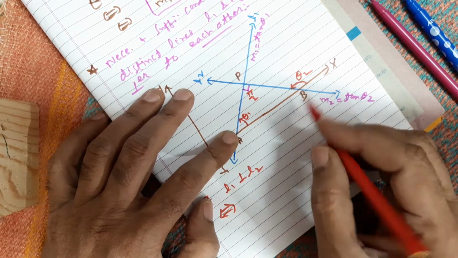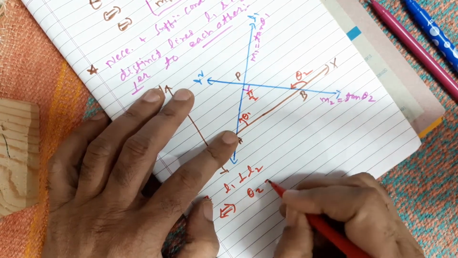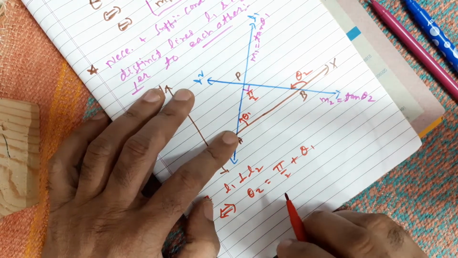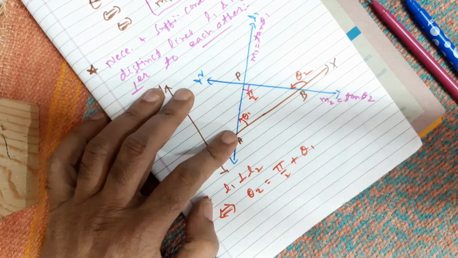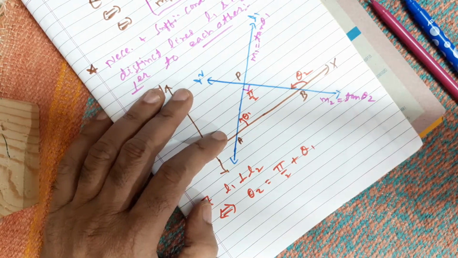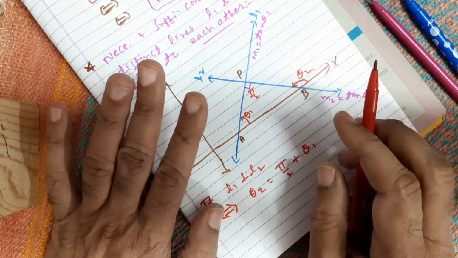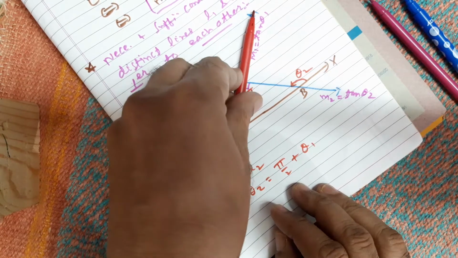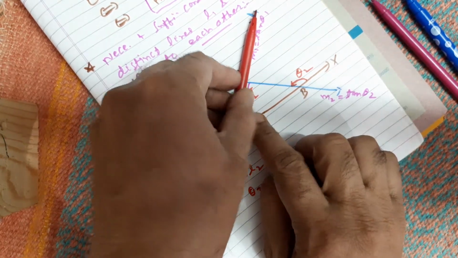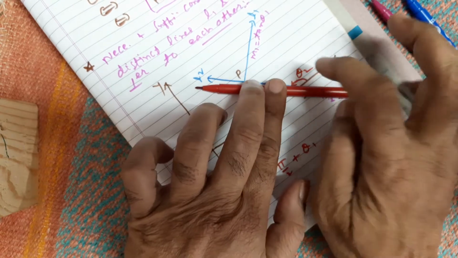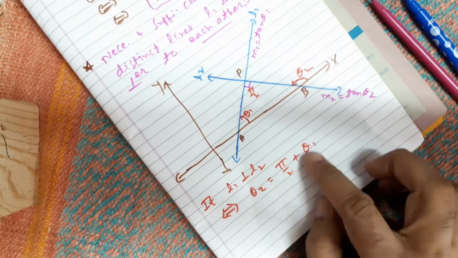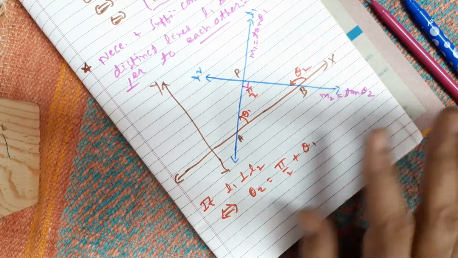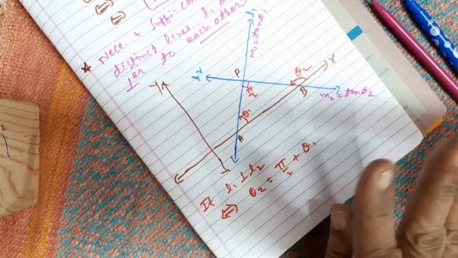Okay, so theta 2 is equal to pi by 2 plus theta 1. This is the geometrical result I am using. Okay friends. Now one more thing I should explain: it is possible that this is the L2 line, then this is theta 2, and this is the L1 line, then this is theta 1. Then the only thing you have to do is interchange theta 2 and theta 1 here. But the final condition we are going to derive will be the same. No problem.